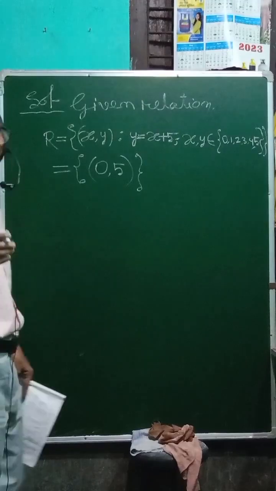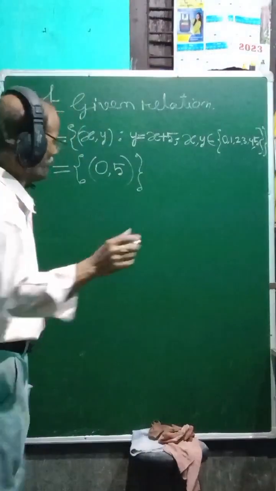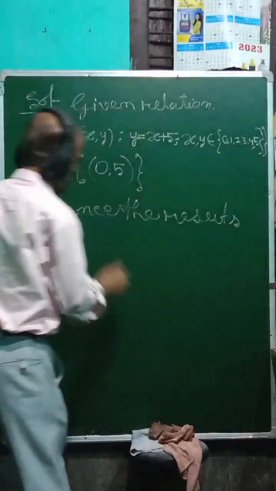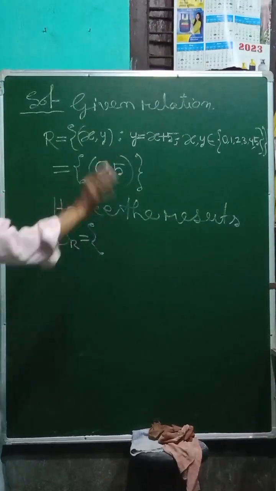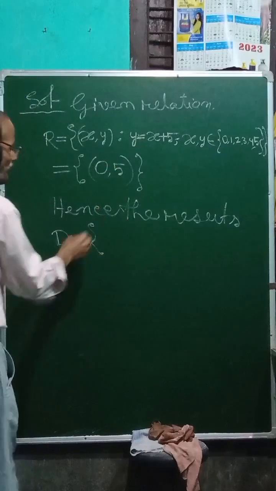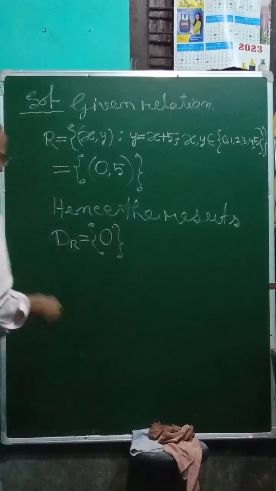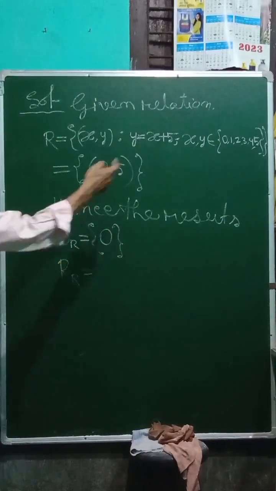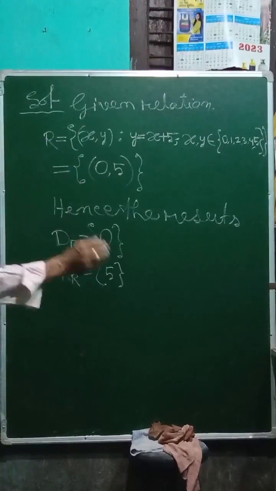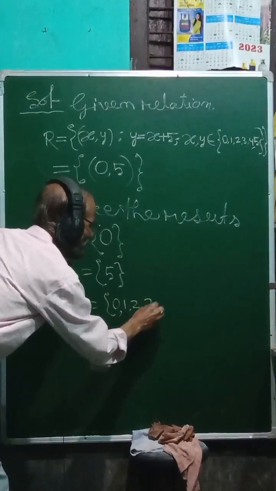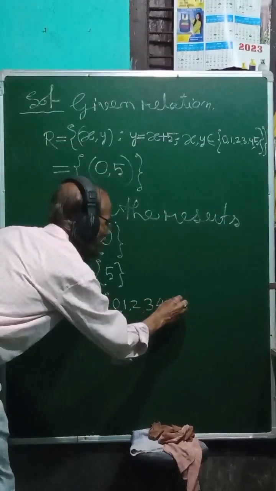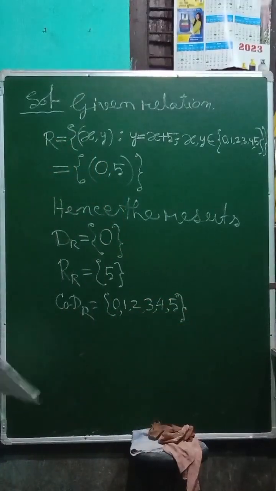Now you find the domain, range, and codomain. Okay. Hence the result. R is equal to, what will you please tell me? Only one pair and the first element is 0. So domain will be 0. And range is equal to 5, the second element. And codomain is 0, 1, 2, 3, 4, and 5.